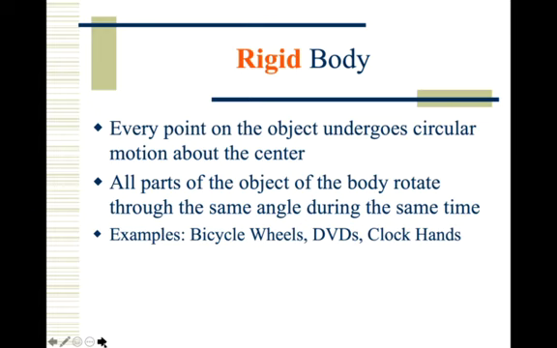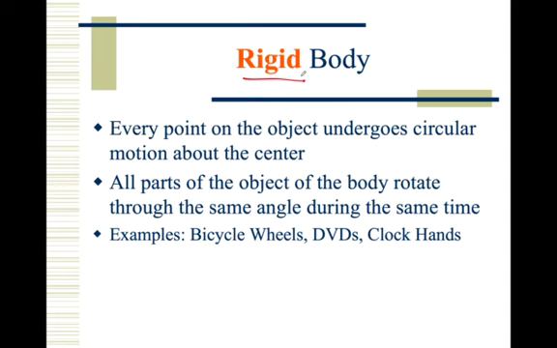Here's the interesting thing about it. And you might say, well, what's so handy about this angular displacement thing? Well, if you remember the first slide, different points in the wheel are undergoing different velocities, different meters per second. But for a rigid body, and this is the critical part, it's rigid. That means they're all fixed together. One point can't move separately from the rest of it. Every point on an object that's rotating undergoes circular motion around the center.